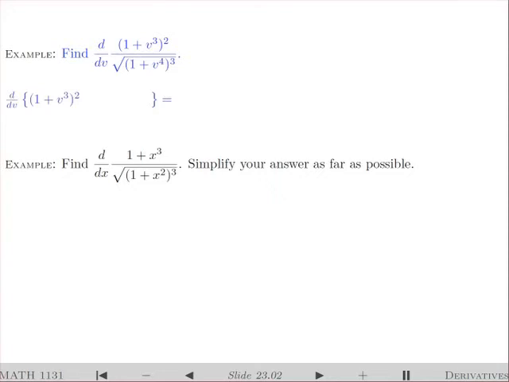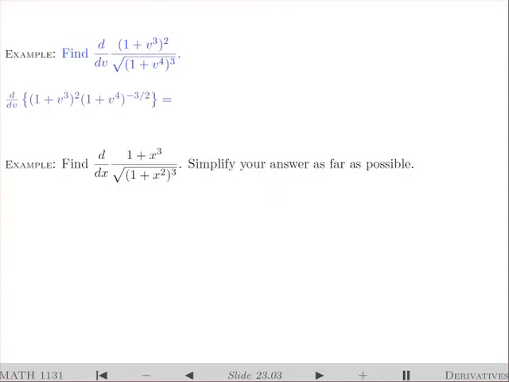Let's first write the denominator as a single power rather than the square root of a power. Square root is the same as power 1/2, which means that the denominator is (1 plus v to the power 4) to the power 3/2. If I bring it to the numerator to take the reciprocal, in other words, I should change the sign of the exponent, which gives me (1 plus v to the power 4) to the power negative 3/2.